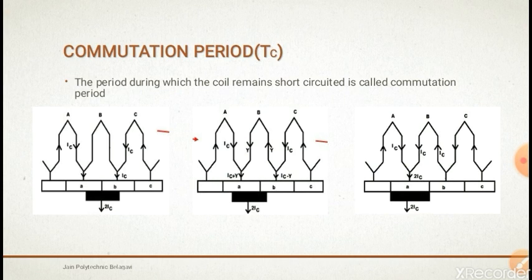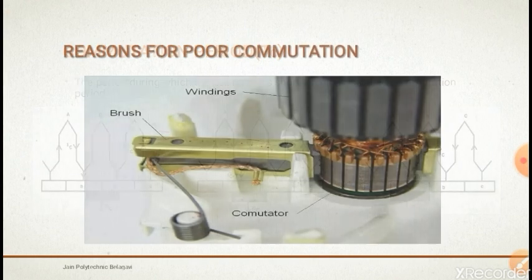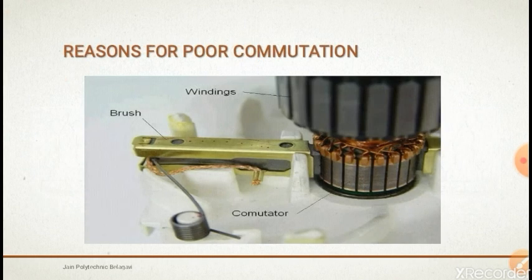So this is about the commutation period. It is the period during which the coil remains short circuited. The next one is about the reasons for poor commutation. Here one picture you can see, in which this is the commutator and these are the brushes. Through this we can give the supply to the external load. It is short circuited here.